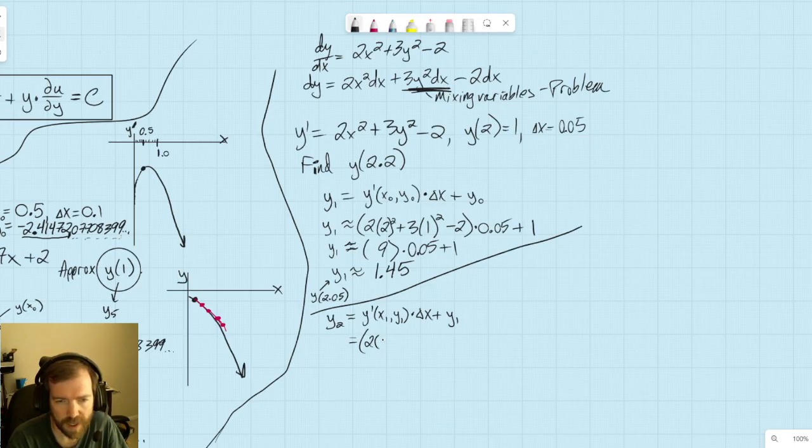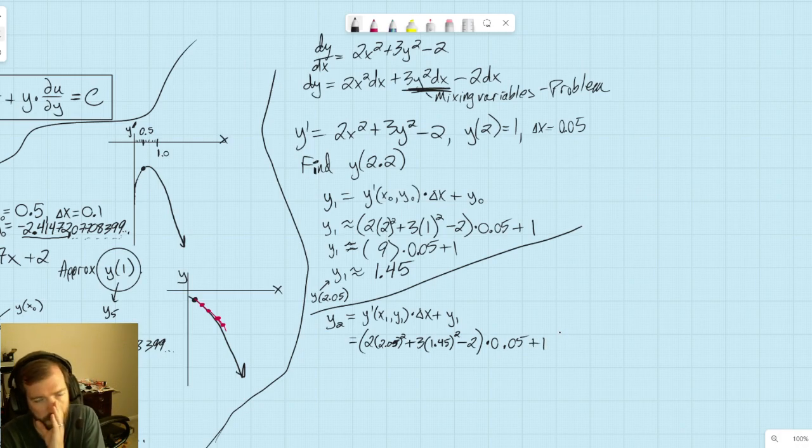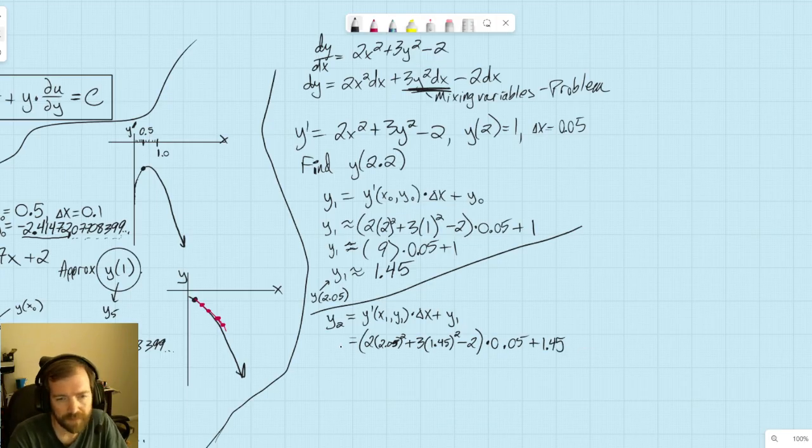This is going to be 2 times 2.05 squared, and then plus 3 times 1.45, which is our previous y value, squared, minus 2, times 0.05 plus 1.45, sorry, previous value. Okay, so y2 is going to be approximated by all of this.